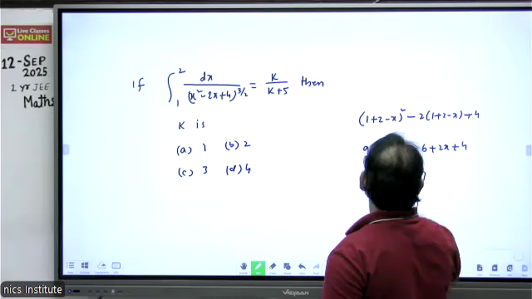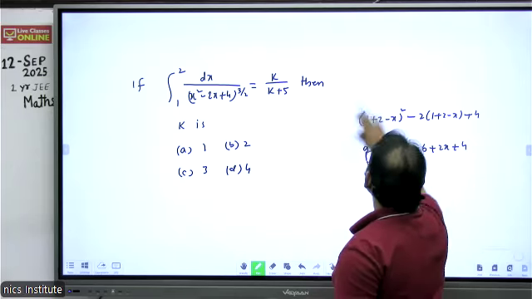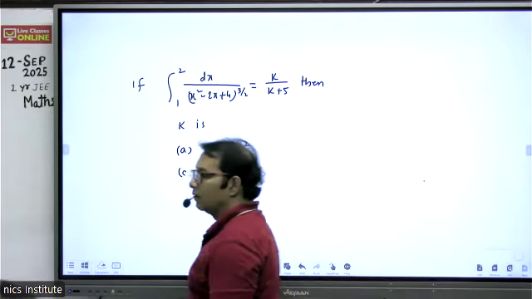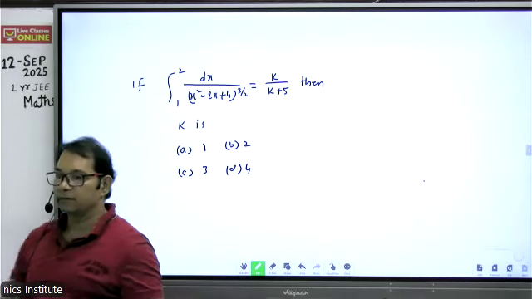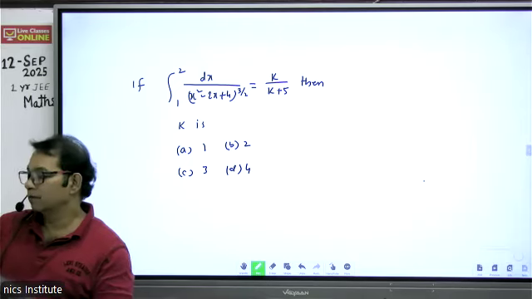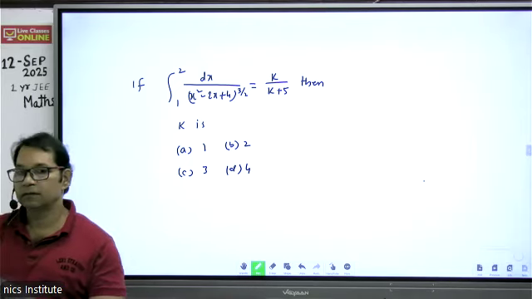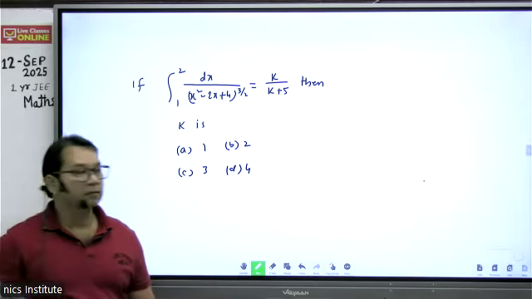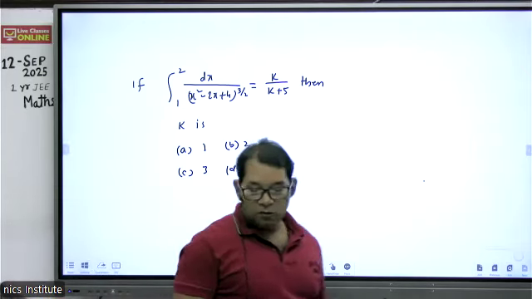It will be 7. Then you can convert to perfect square. Maybe you can convert into a perfect square.